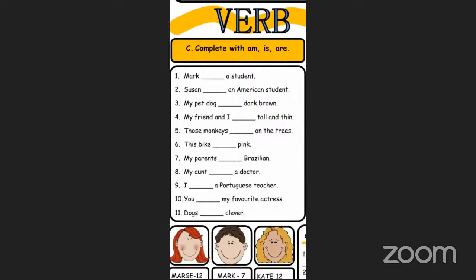Mark is not a student. Susan is an American student. The negative form, Susan is not an American student. My pet dog is dark brown. My pet dog is not dark brown. Right? So you can use the same set of sentences in negative form.